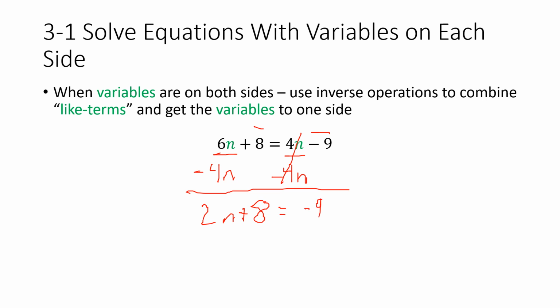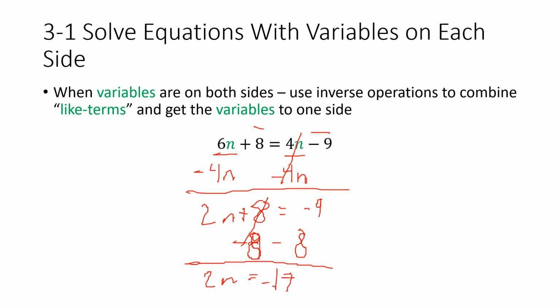Now, once again, we have to get n by itself, so we got to use inverse operations. The opposite of adding 8 is subtracting 8 from both sides. And I wrote 9 for some reason. Let me fix that. So that's an 8. So our 8's cancel. We are left with 2n equals -17.